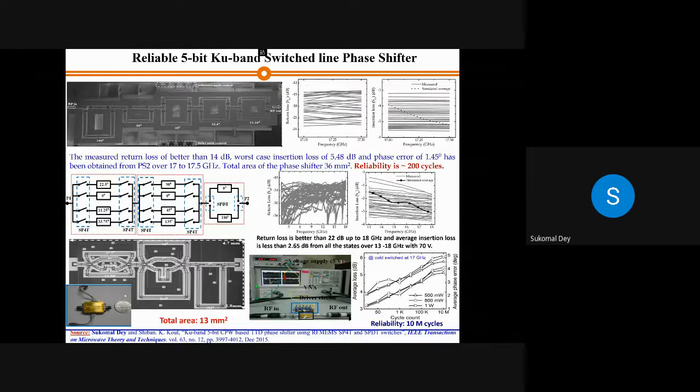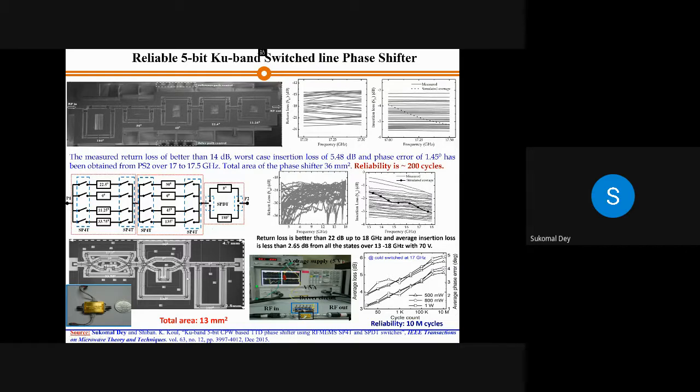Now after that, we tested the reliability, which is far better than before. The reliability was tested with respect to the loss and phase error. It is giving you something like 10 million cycles of reliability, which is quite a good number.